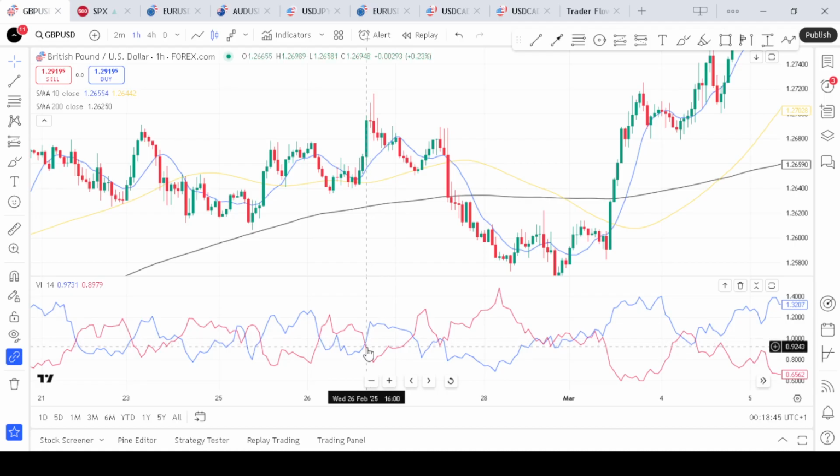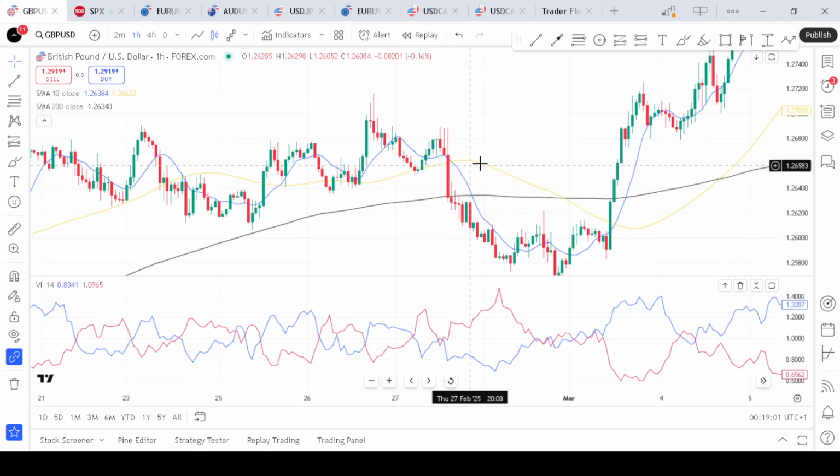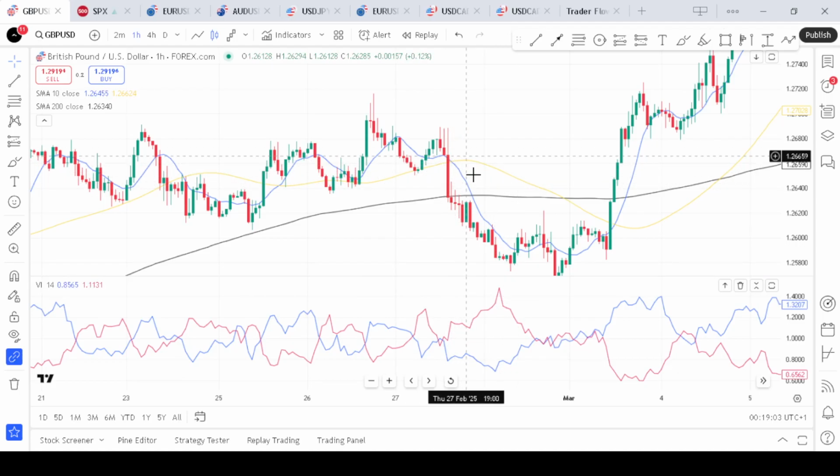Now, when we have seen the crossover, we wait for price to be below the short-term moving average, and the short-term moving average must cross below the medium-term moving average. As we can see, this blue line crossed below the yellow line, signaling a bearish crossover, and this is a signal for us to enter our trade.